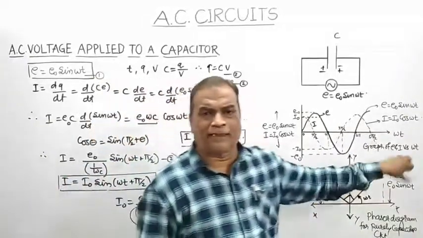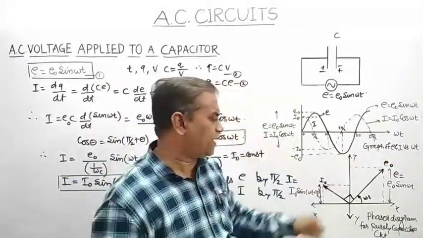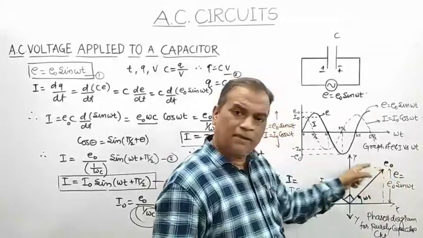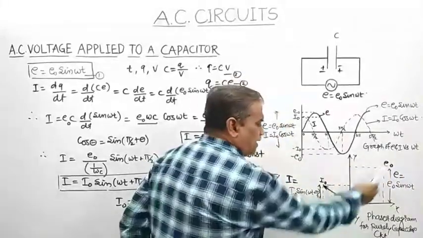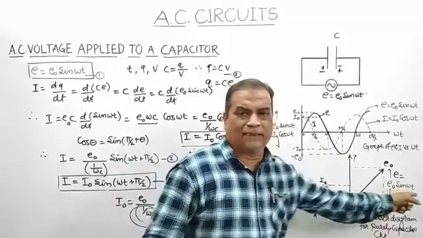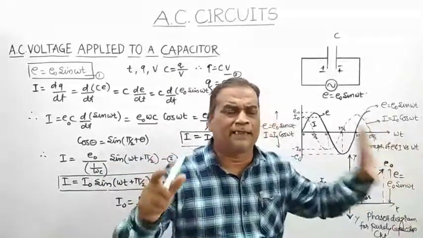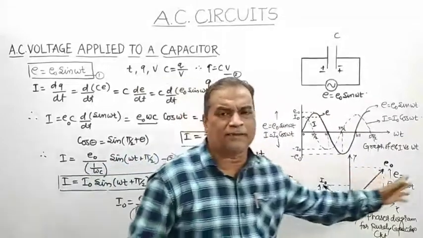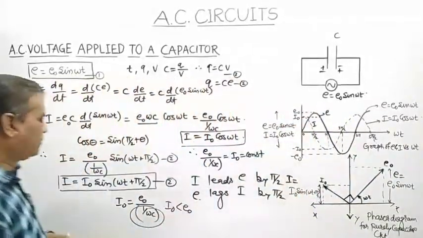And last but important, the projection of phasor E0 or I0 on the y-axis gives us the instantaneous value of alternating current or alternating EMF.